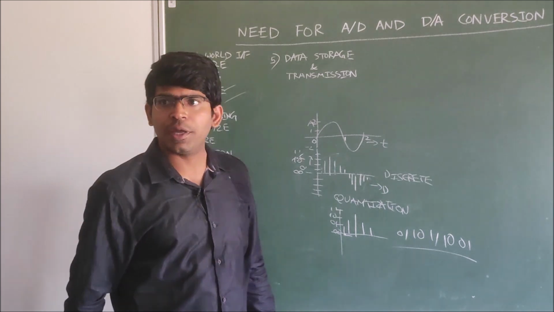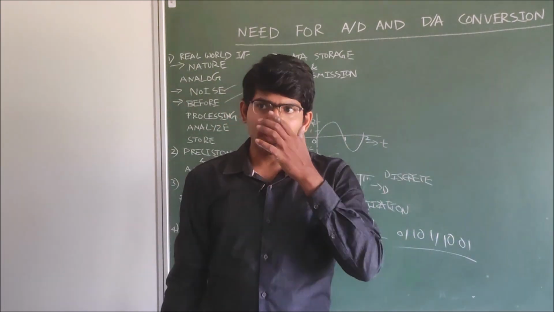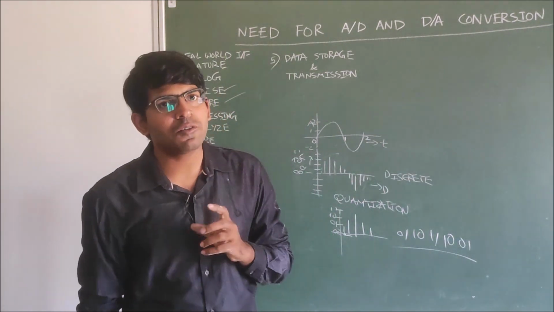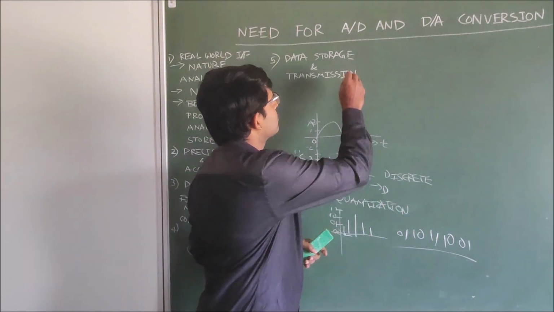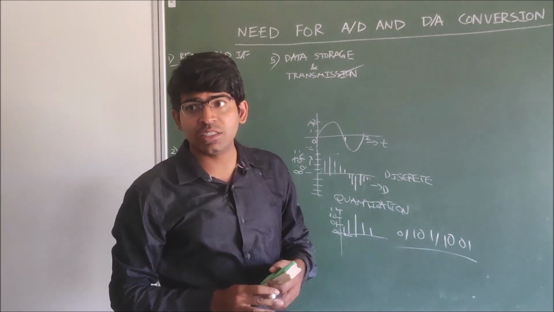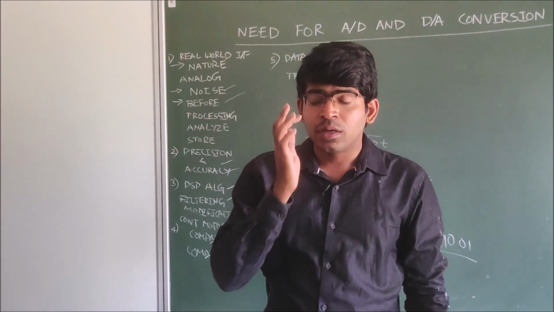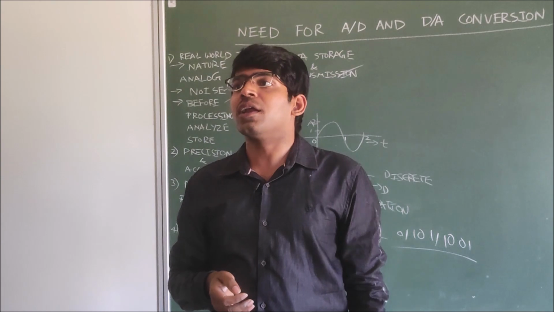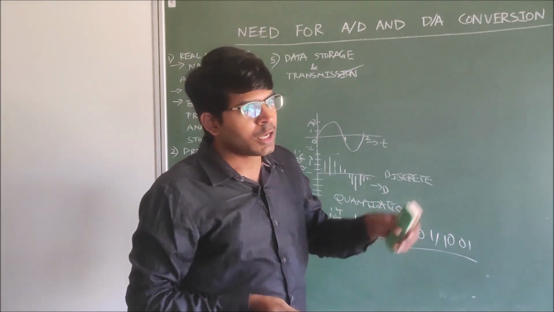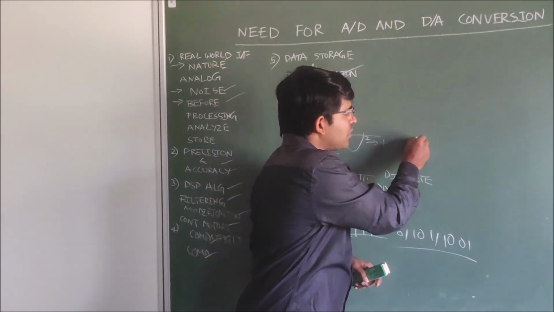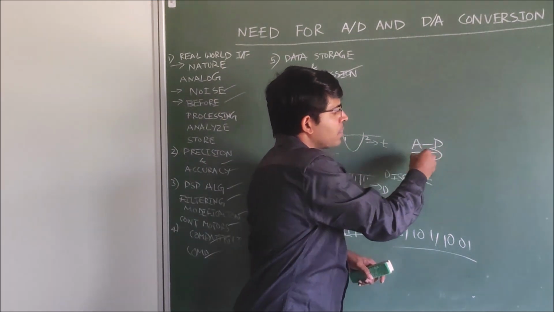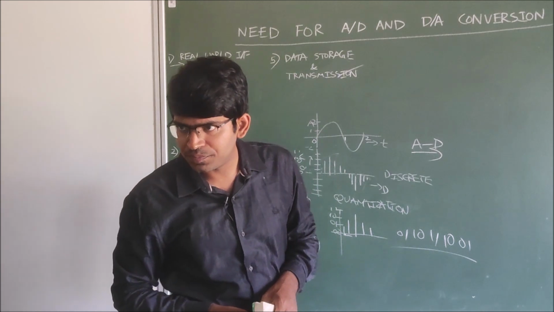Next, compatibility. Computers are compatible with understanding the digital signal but not the analog signal. Transmission is easy with the digital signal but not with the analog signal. Due to these reasons, we are converting a signal from analog to digital.